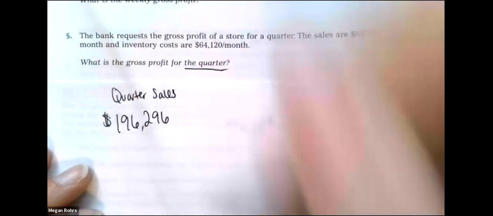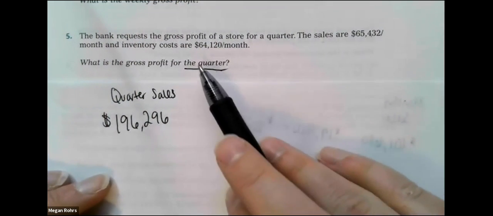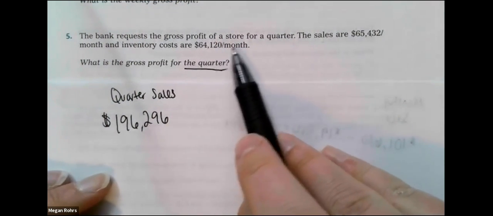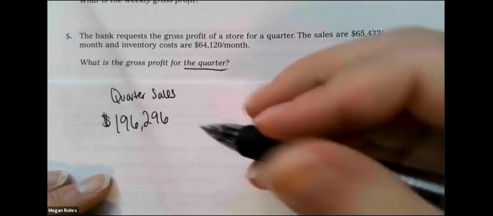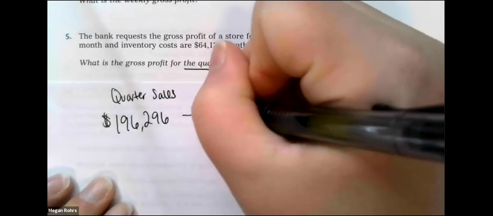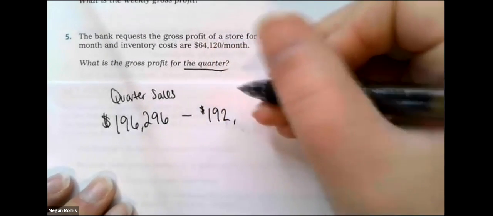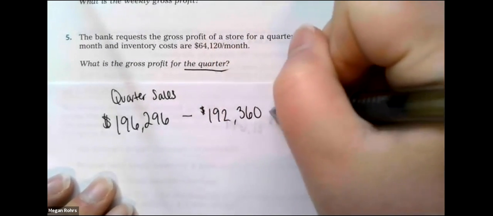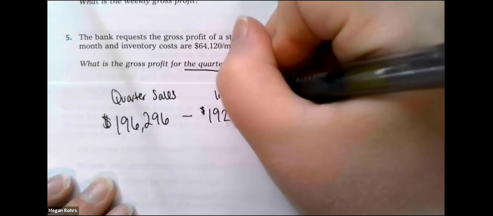That was my quarterly sales. And then I'm going to do the same thing for my inventory costs. This is per month. I want per the quarter, which is 3 months. So 64,120 times 3 leaves me with 192,360. That was my inventory for the quarter.